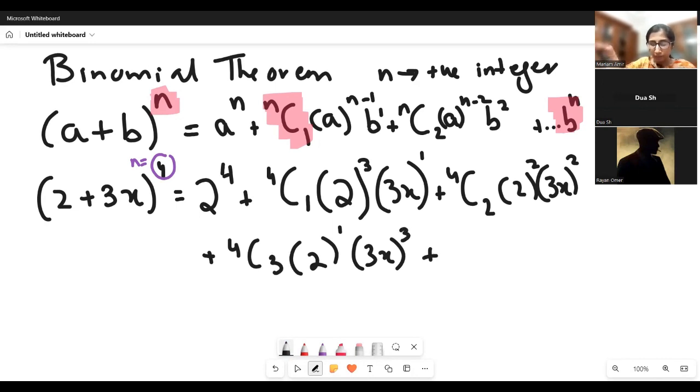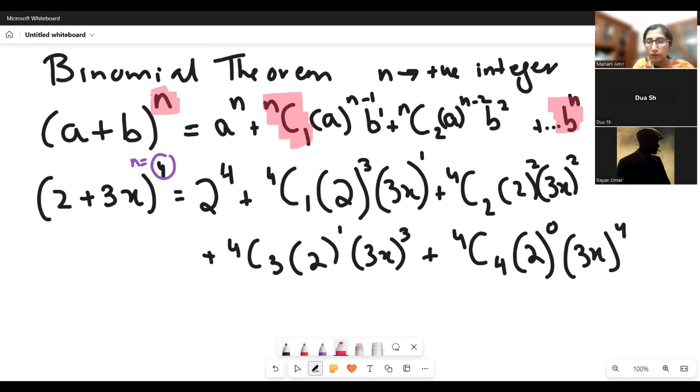And the last term, either you use the longer method, which is 4C4, which is 1, and then 2 to the power 4 minus 4, which is 0, which is also 1. And then it would be b to the power 4, so 3x to the power 4. Or if you remember this, just write 3x to the power 4 directly, because in the last term, the C term and the a term both become 1, so it can be ignored.